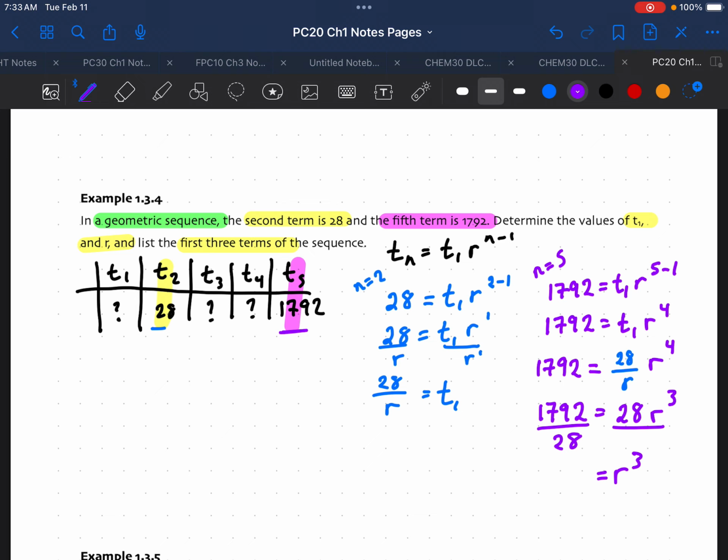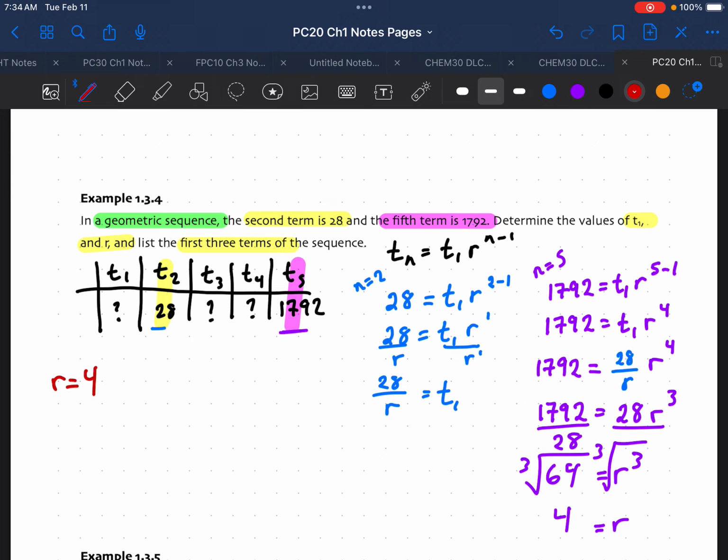I'm going to go to decimals on my computer here. You won't be able to see it. I get 64. Now I simply cube root it, and I get r is equal to 4. So I now know my common ratio is equal to 4.